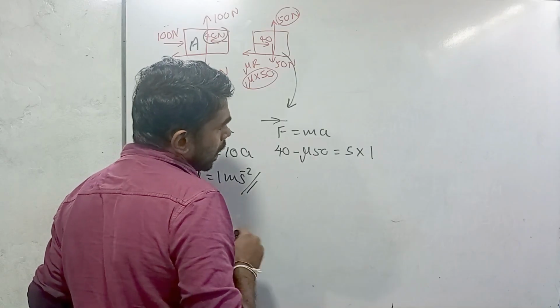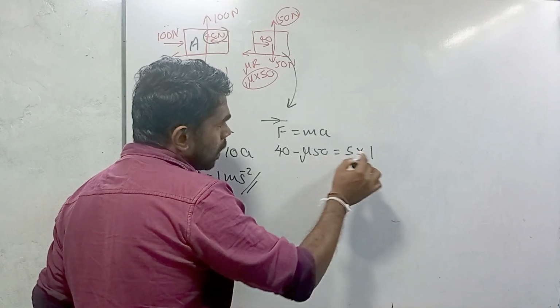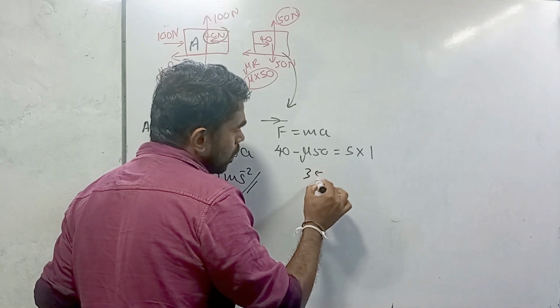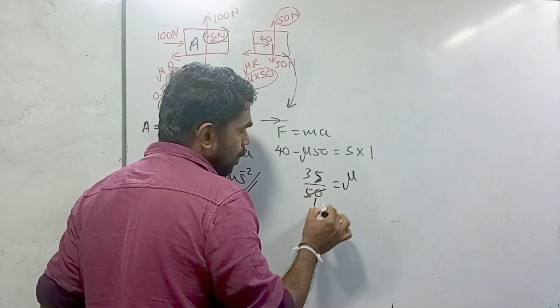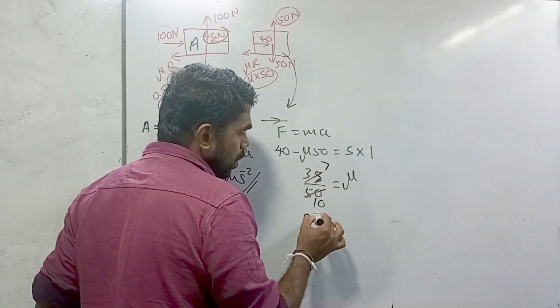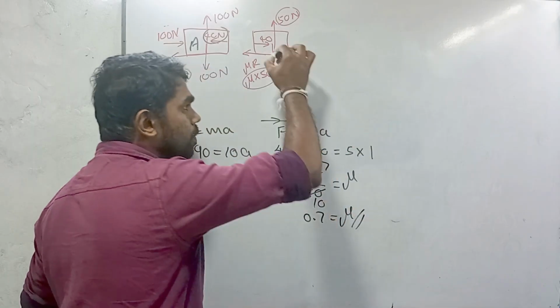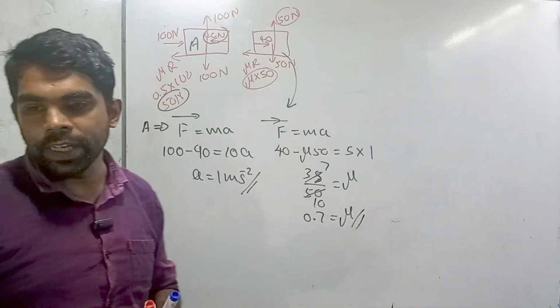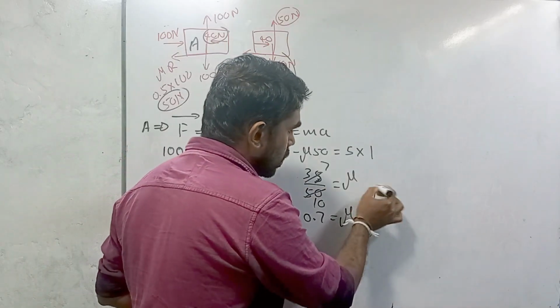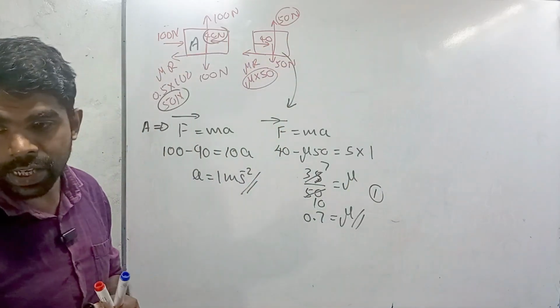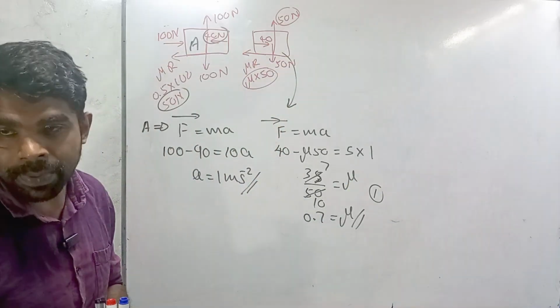Then we can find the mu value. 40 minus 5 is 35, divided by 50 is the mu value. 0.7 is the frictional coefficient between the surface and object B. Then we get the answer: the first one for question number 8.